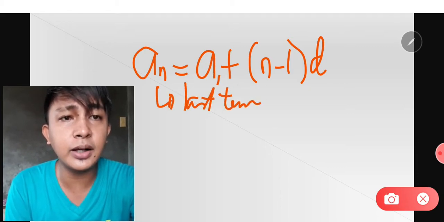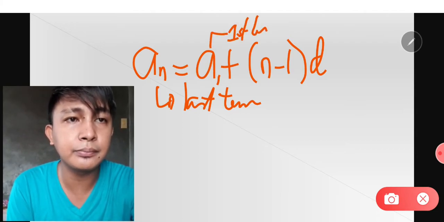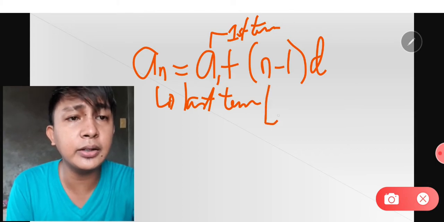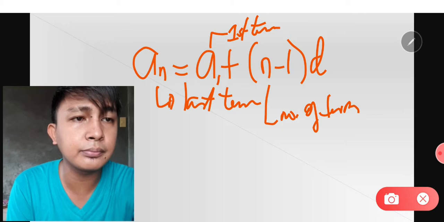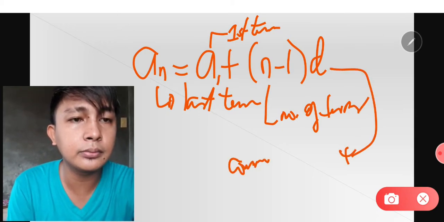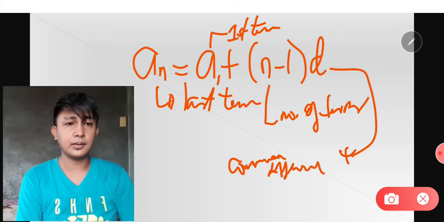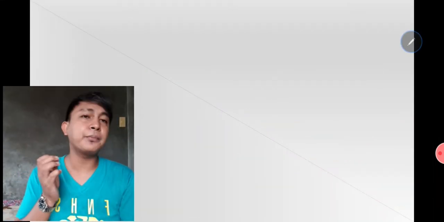A sub 1 is our first term. N is the number of terms. And d is our common difference. Okay? So that's all. So let's proceed to the lesson proper.